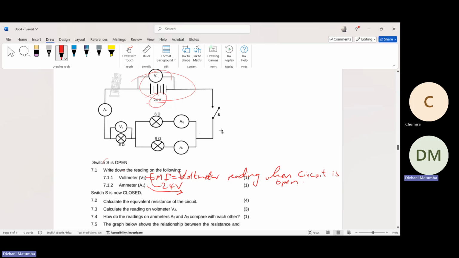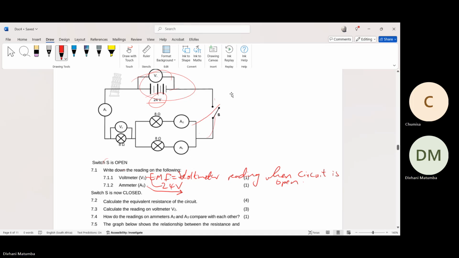Okay, when the switch is open, will there be a flow? Let's say, for instance, there's a supply of water and then you decide to disconnect. Are we going to have a flow of water? Or if someone goes and cuts off all the cables where you stay, are you going to have electricity?